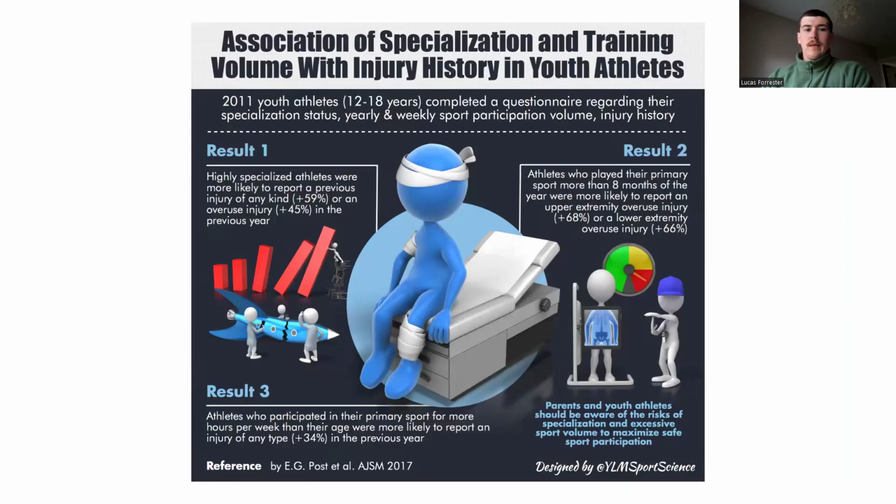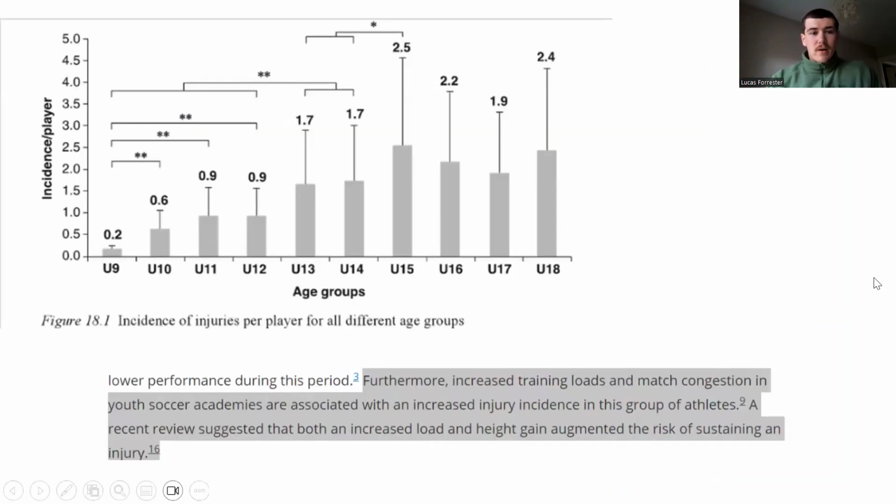And what did they find? Around the 13, 14, 15, 16 mark, there was a significant increase in injuries.